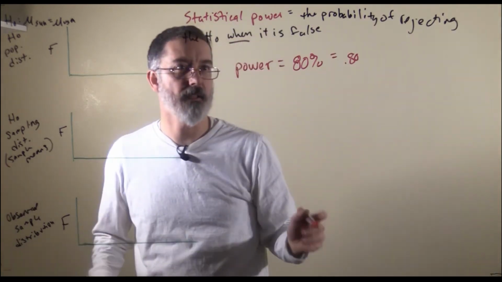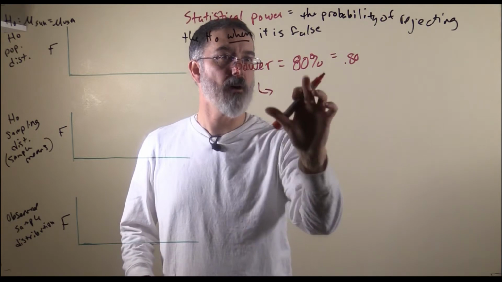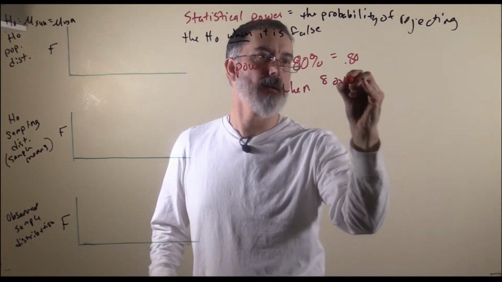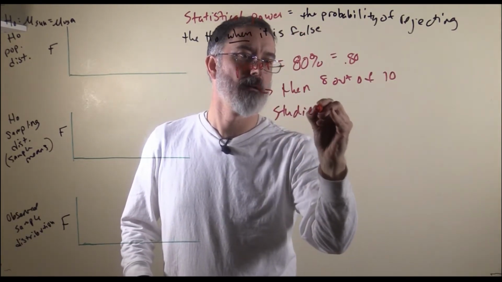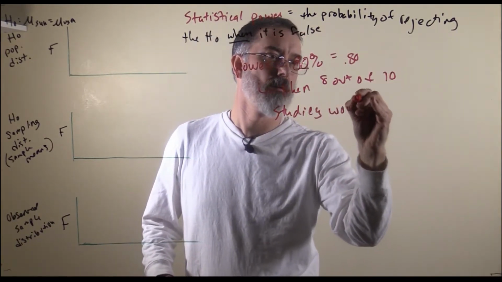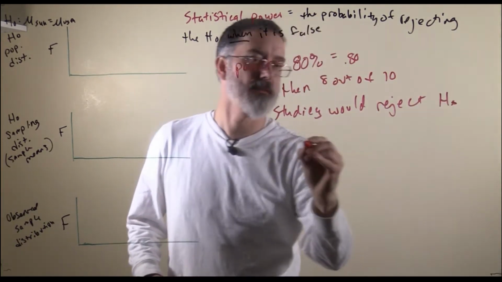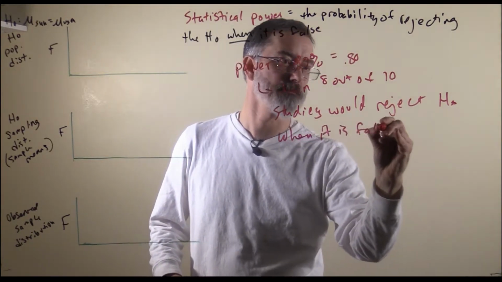So to translate that into lay terminology, if you have a statistical power of 80%, then 8 out of 10 studies would reject the null hypothesis when it is false.